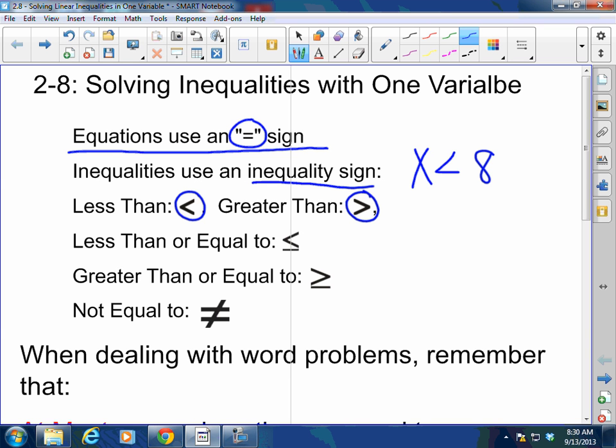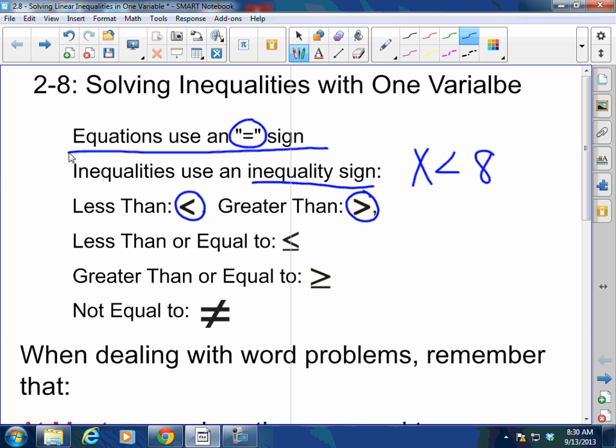I know you guys aren't in elementary school, but remember the alligator. The alligator eats the bigger number. It's not really a great way to think about it when we get more complicated, but for now, just to remind you, the larger number is being eaten by the alligator. So in this case, you read from the variable: x is less than 8.